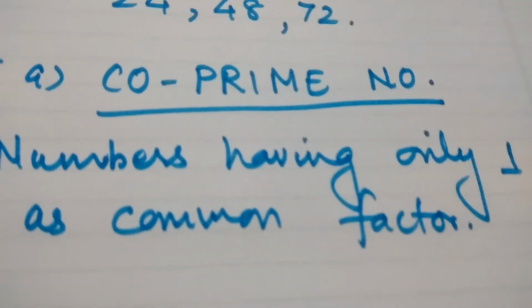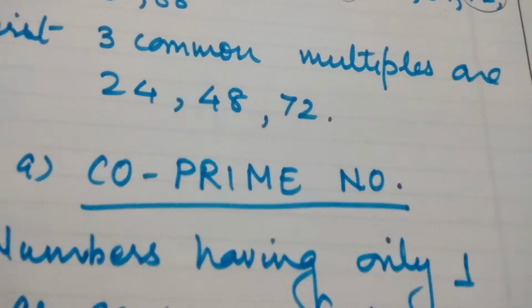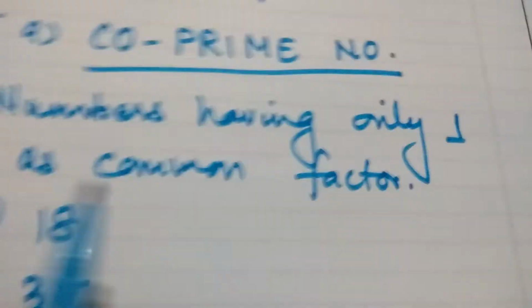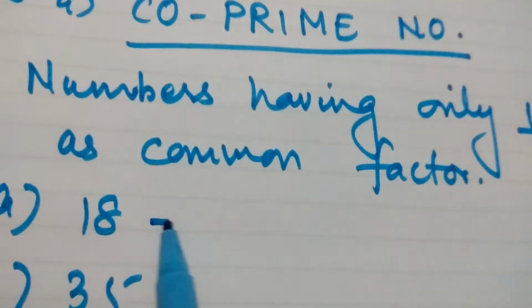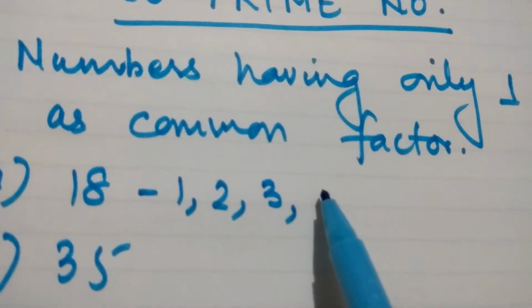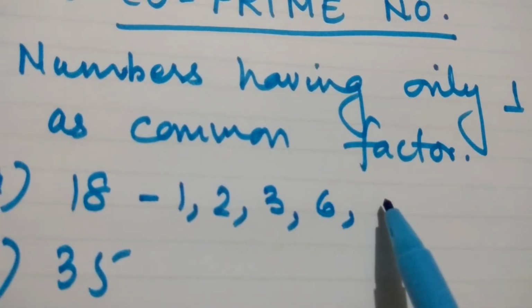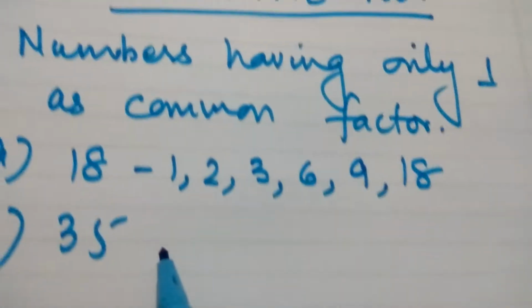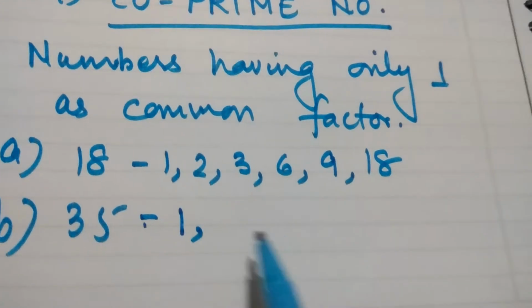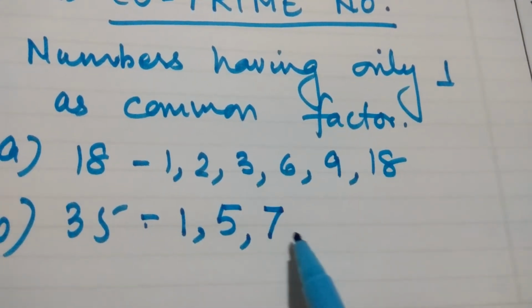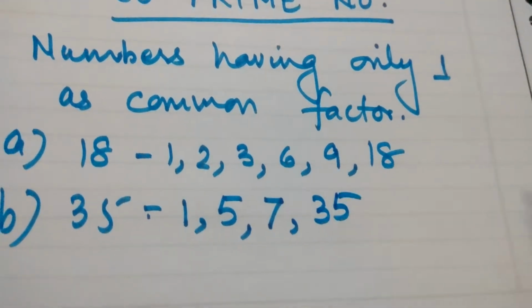The first option they are giving is 18 and 35. We see that the factors of 18 are 1, 2, 3, 6, 9 and 18. And factors of 35 are 1, then 5, then 7 and then 35 itself.